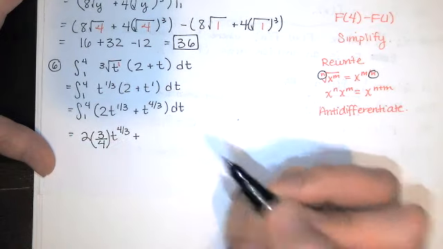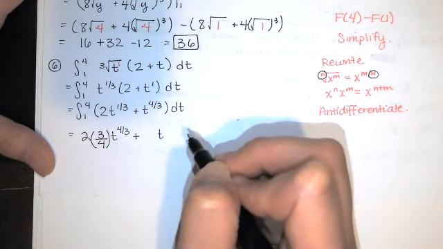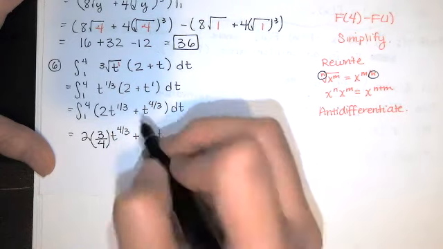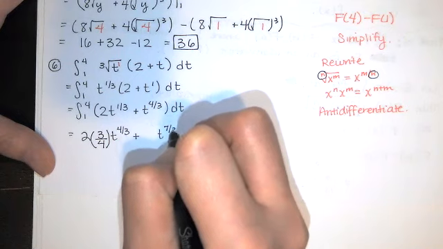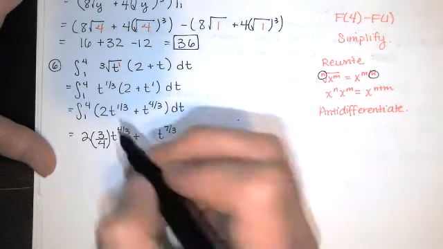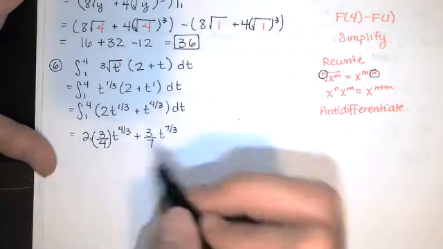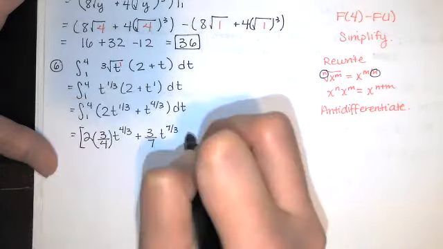Then we add 1 to that exponent. 4/3 plus 1 is 4/3 plus 3/3. That's 7/3. And then you're dividing by 7/3. That's the same as multiplying by 3/7. It's a fraction, so you flip it and multiply.